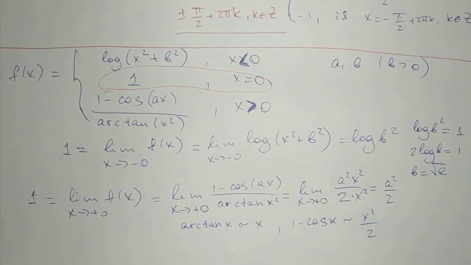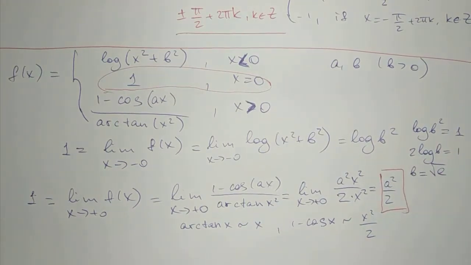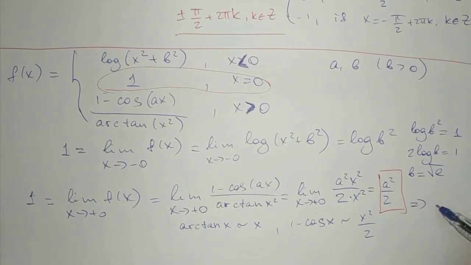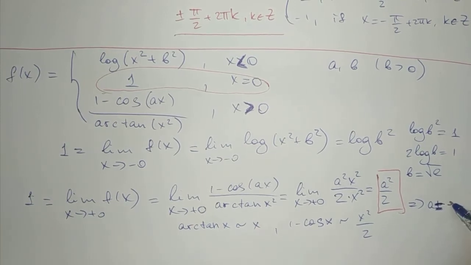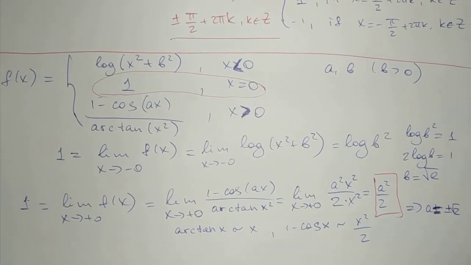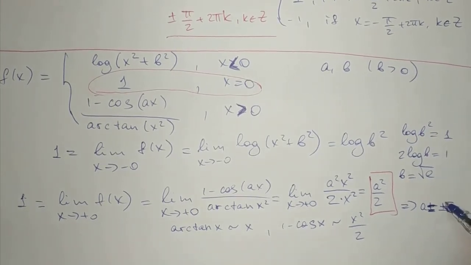And now, this equals 1, and a here equals plus minus square root of 2.